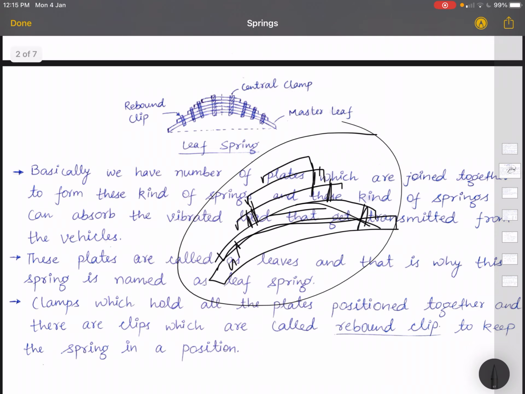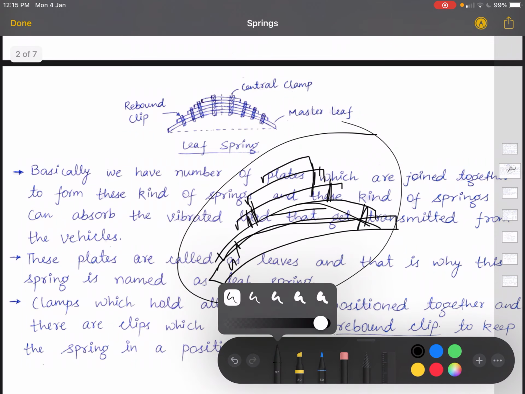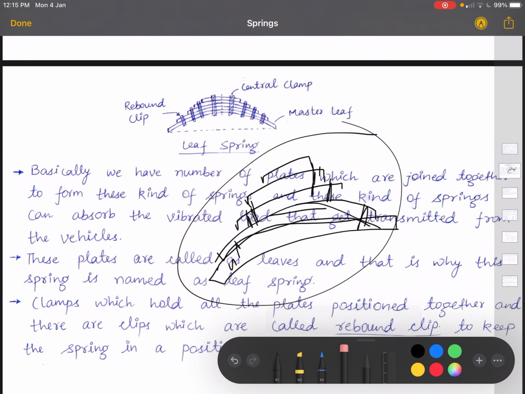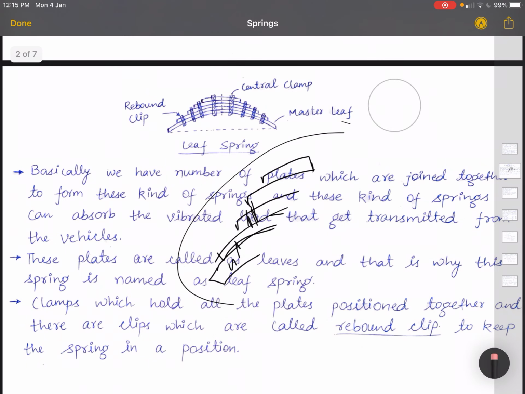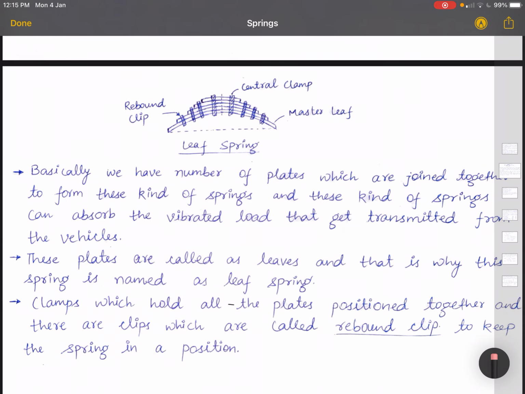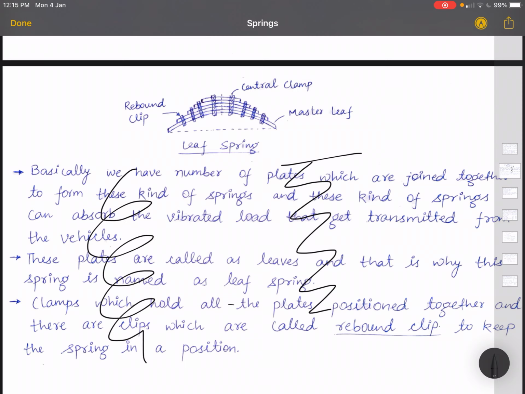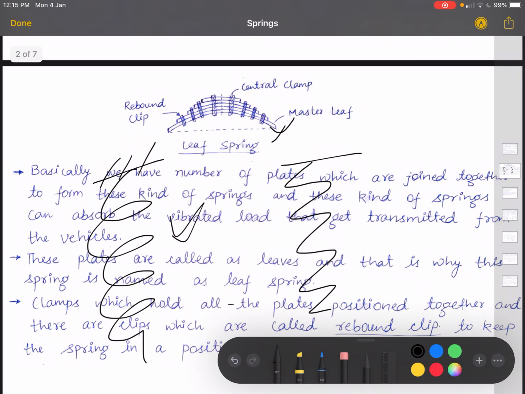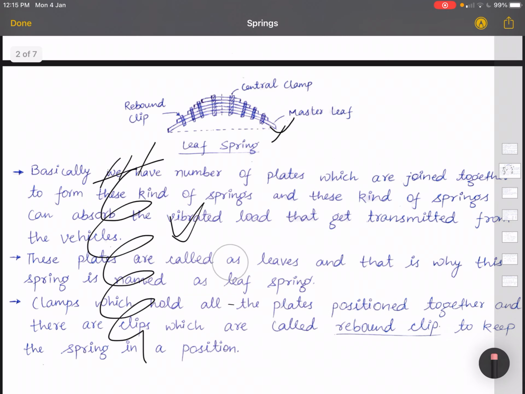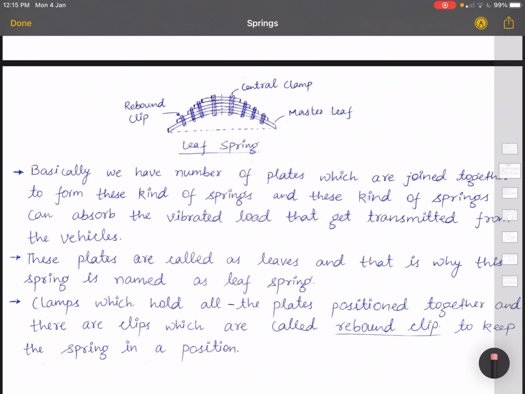It is not just like the spring you might have seen, something like this or like this, which is the true spring. But here we make use of plates to create a spring-like body which absorbs the energy.